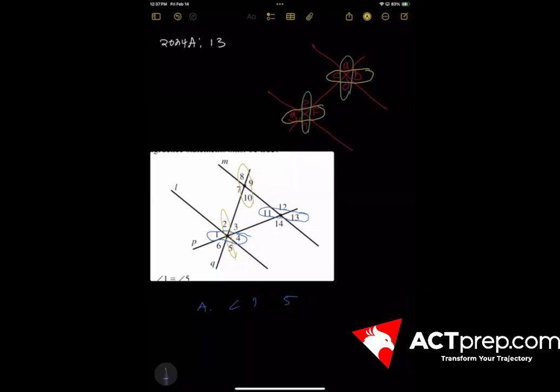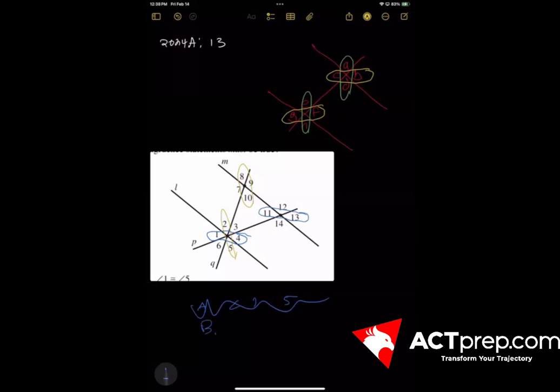We can't move L and M because those have to be parallel to each other. But we could essentially move Q around because there's no relationship with P there. We can move Q around to make 5 bigger or smaller, and it is not going to impact 1. So we can eliminate A because those do not necessarily have to be the same.